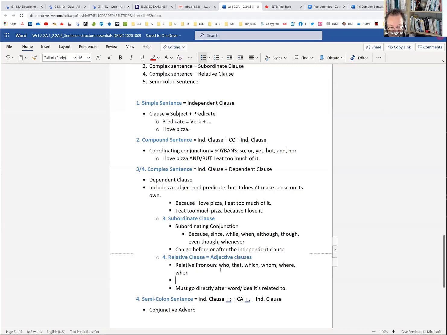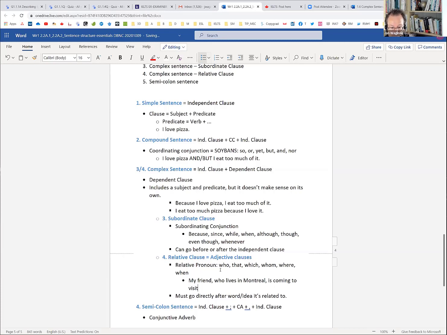So if I say, for example, let's say I have a friend who lives in Montreal and he's coming to visit me, I could say, my friend who lives in Montreal is coming to visit. The independent clause is my friend is coming to visit. The relative clause, the dependent clause, is who lives in Montreal.